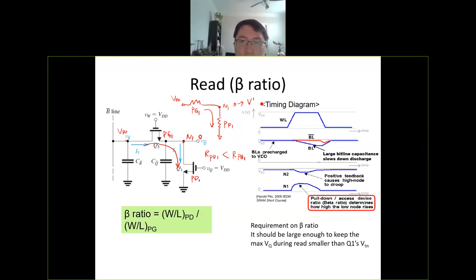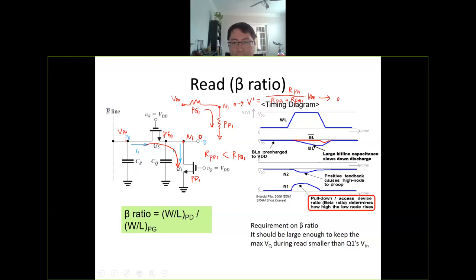This V prime is the voltage division, RPD1 over RPD1 plus RPG1, times VDD. So you want this one close to 0. Then you want the PD1 resistance to be small. Then this N1 is close to 0.